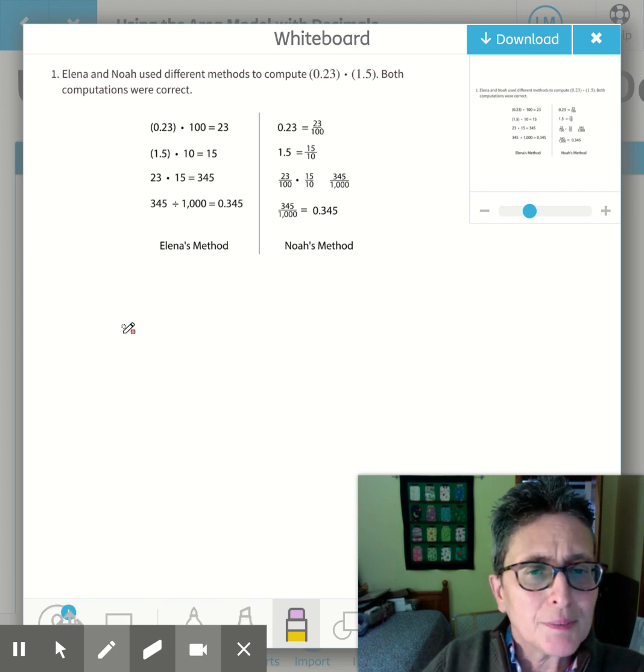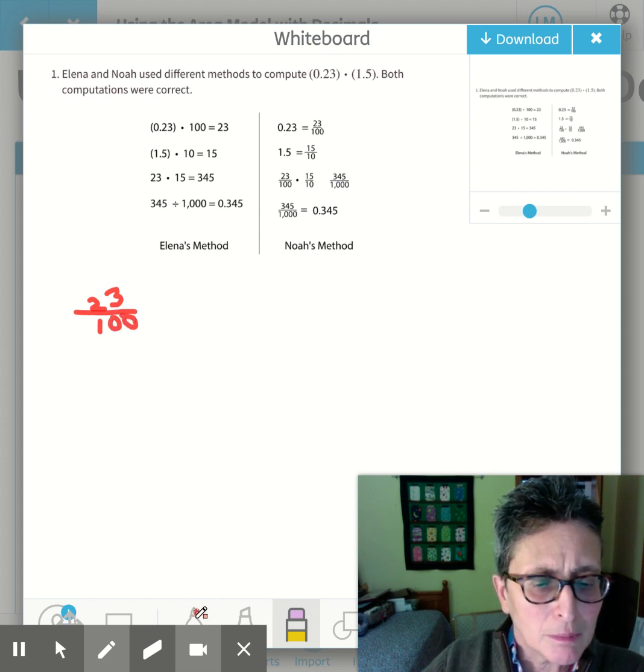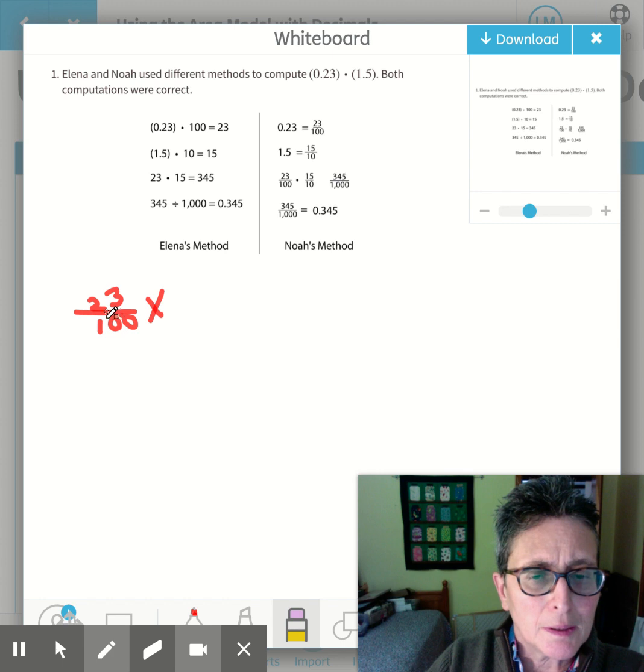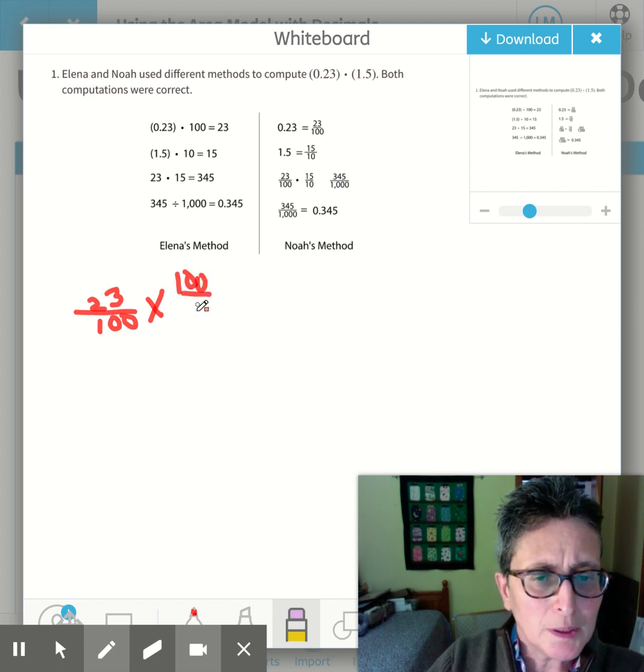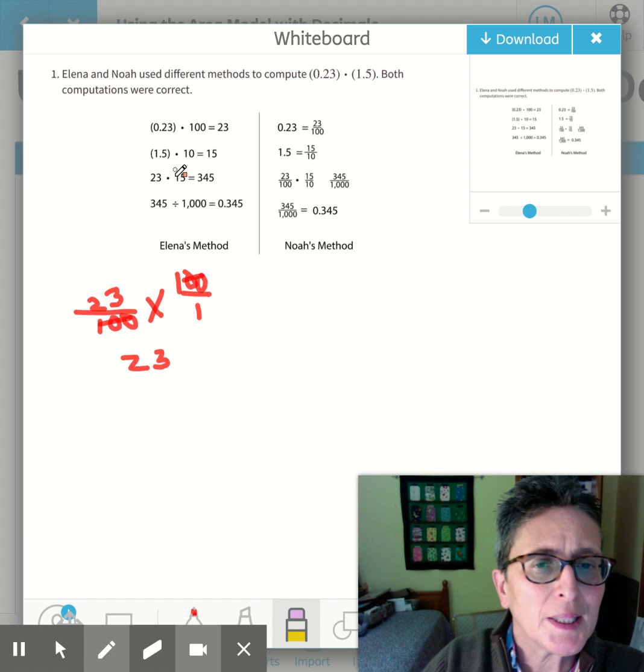So we have 23 hundredths, which can be written as 23 100ths. What I remember from my multiplication is that if I multiply this times 100 over 1, I can cancel out my hundreds and I get 23. And so that's where Elena got that 23 from.